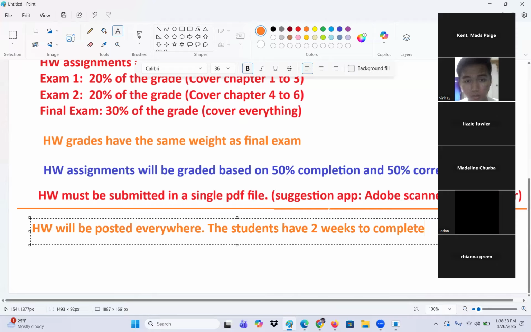So what that means is that after we post it, you're going to have 2 weeks to complete the assignments. Some assignments are usually 2 weeks. Some may be a little shorter, maybe 1 week and a half. But the minimum time that you should have would be 1 week to complete the assignment.